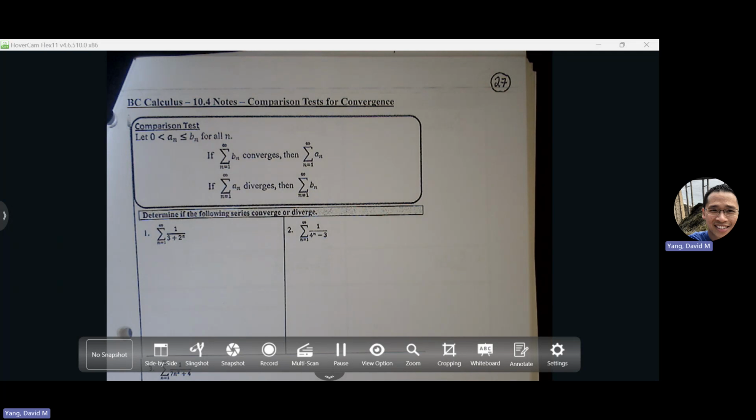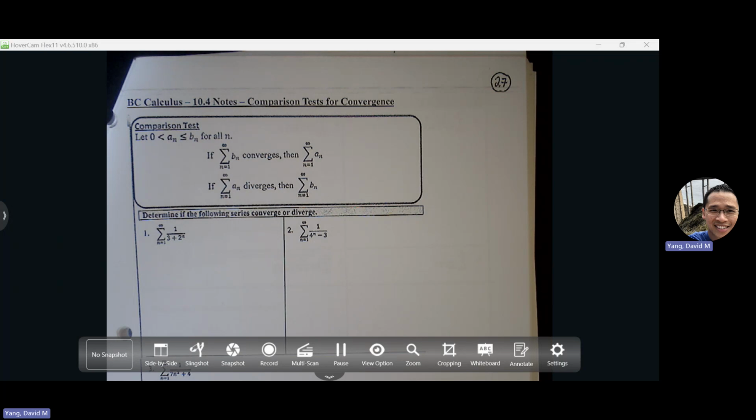Now, sometimes you have these series that look like they're in the same family as p series or in the same family as geometric series, but then it's added by one or subtracted by one, and it doesn't quite fit perfectly into one of the rules.